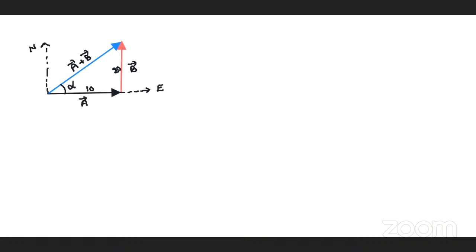From the right angle triangle, tan alpha is opposite side by adjacent side, 20 by 10, which equals 2. If tan alpha is 2 and not 1, alpha is not 45 degrees, so alpha is greater than 45 degrees. That implies alpha is tan inverse 2, and it is not exactly in the direction of northeast.